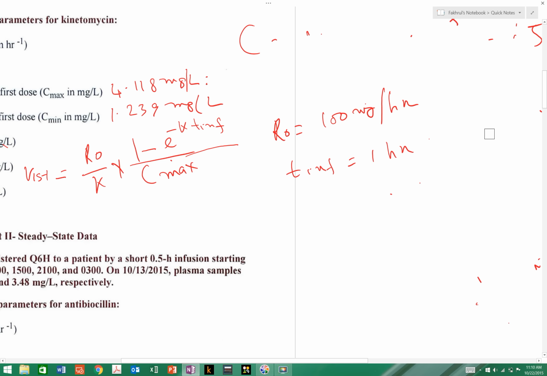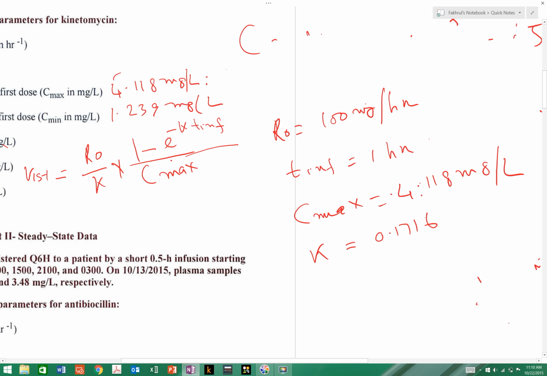We figured that Cmax, if you go back, was 4.118 milligram per liter. What else do we need? We have Cmax, and we have to have K. K is equal to 0.1716. We have dosing rate, we have Cmax, we have K and infusion time. So we have everything now.